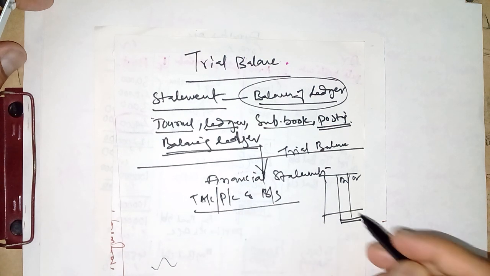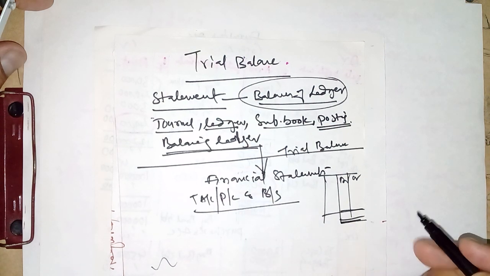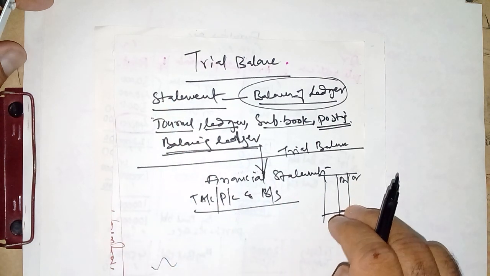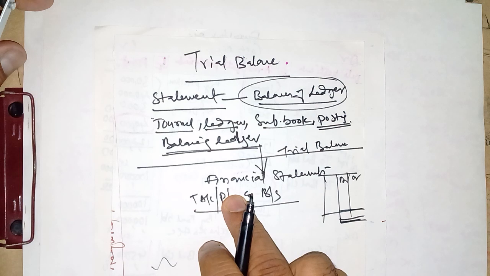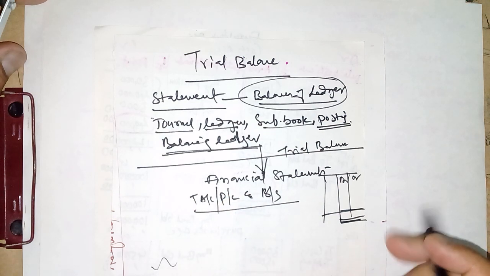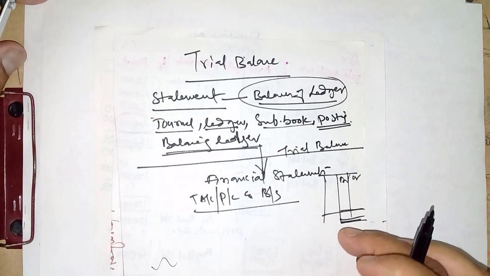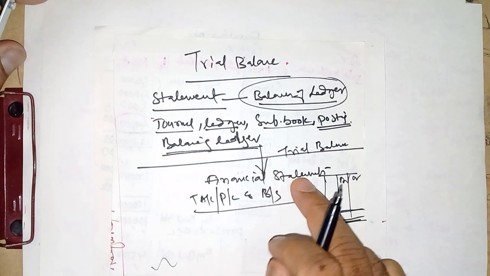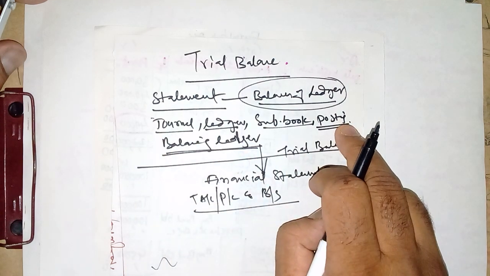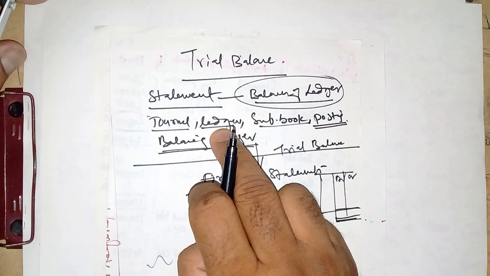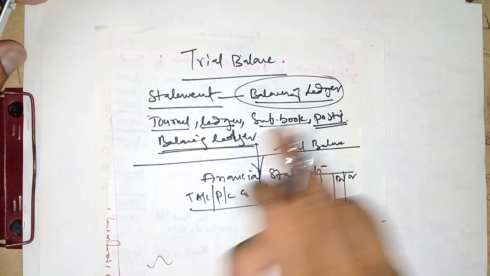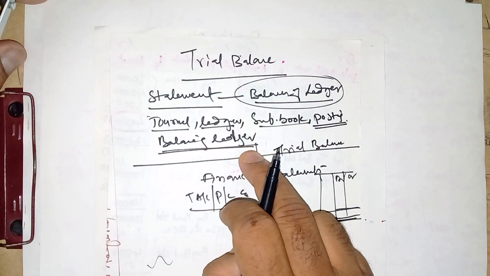So if this trial balance tallies, it means that everything we have done is right, and we can directly proceed to preparation of the financial statements, the final statements. If this trial balance does not tally and does not agree, it means that we made a mistake either in passing the journal, or posting the journal into the ledger, or subsidiary books preparation, or balancing of ledger.